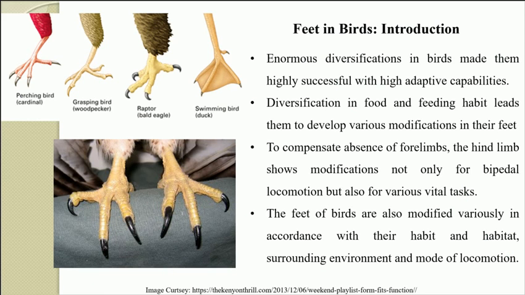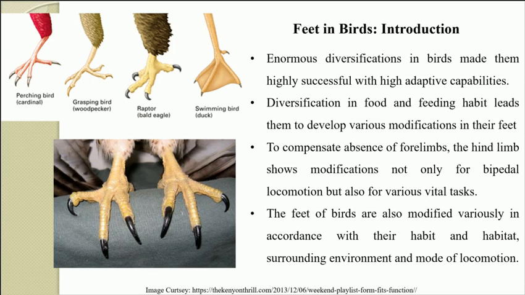So as you know, birds are highly evolved vertebrate organisms which are capable of flight, and the enormous diversification in the birds has made them successful with high adaptive capabilities.